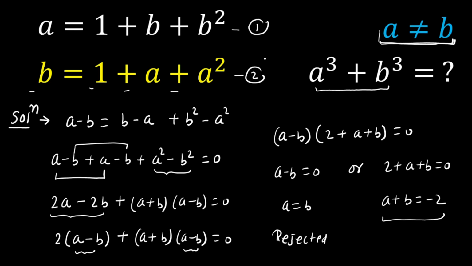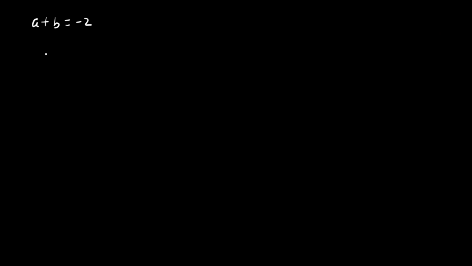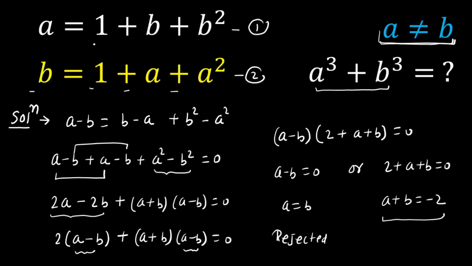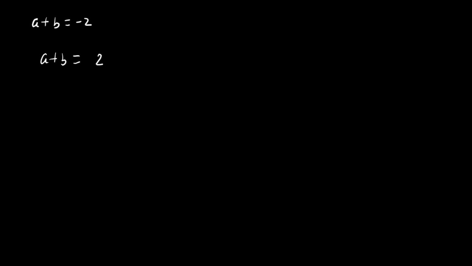Now if we add both the equations, then on the left hand side a plus b equals, and on the right hand side 1 plus 1, 2, plus b plus a plus b² plus a².